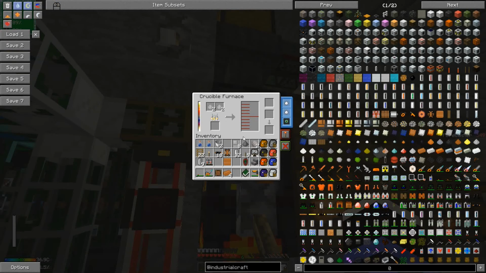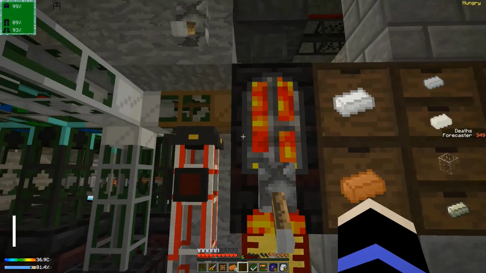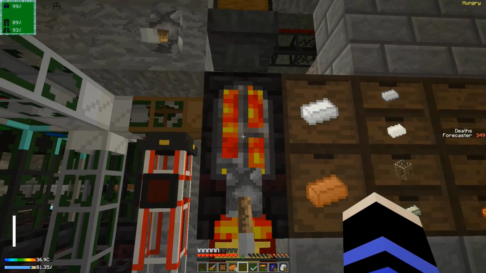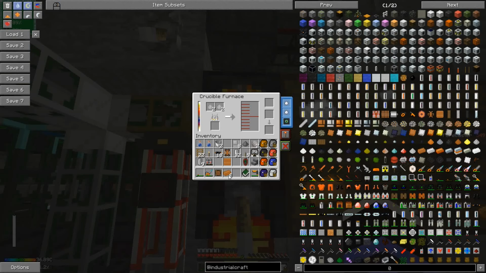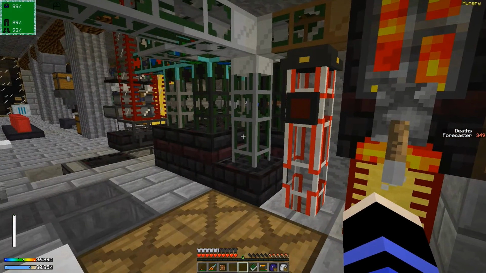Yeah, so I'll probably do that, so I'll essentially have to craft double the things. We're also going to need some pipes and such. What did I want the iron? I had some sort of lag spike there.